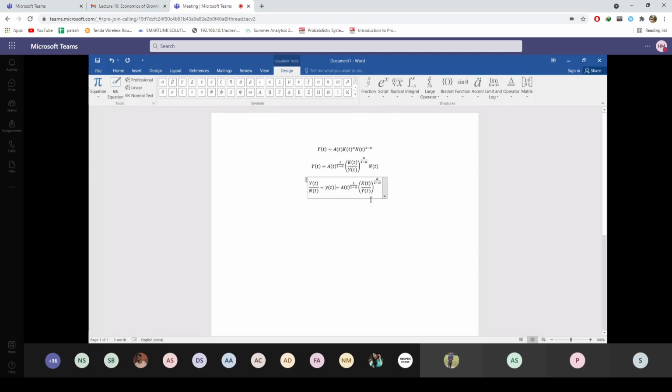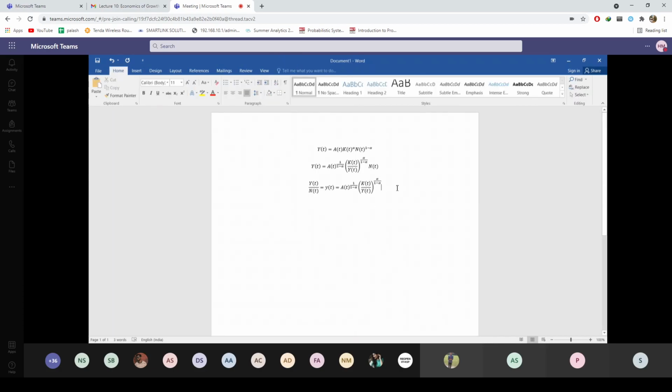Now this capital K by capital Y at the steady state, or along the balanced growth path, is constant. So if you take logarithm of both sides and differentiate with respect to time, what you will get is this.